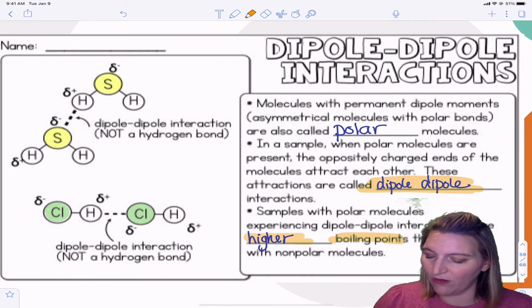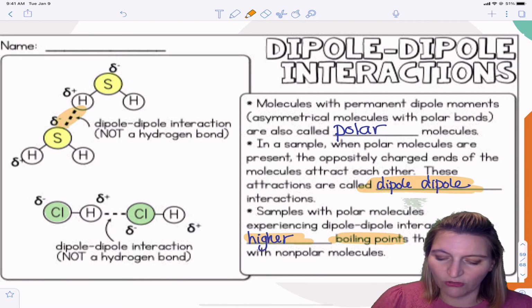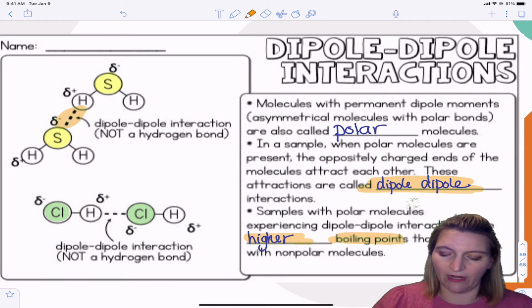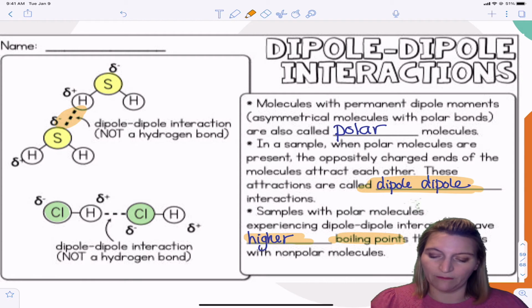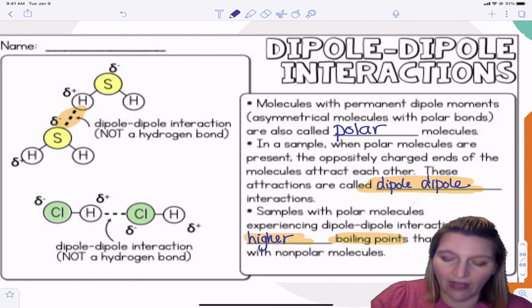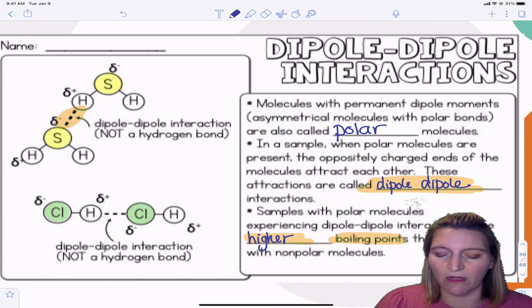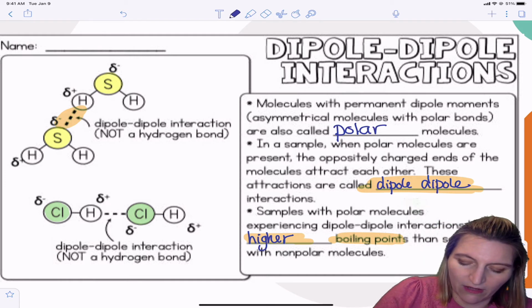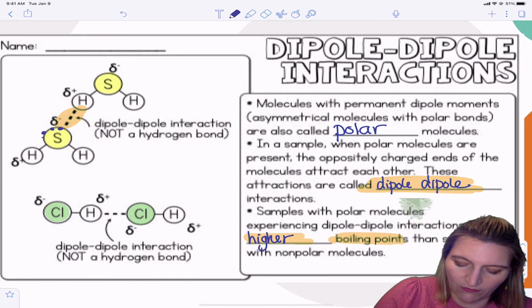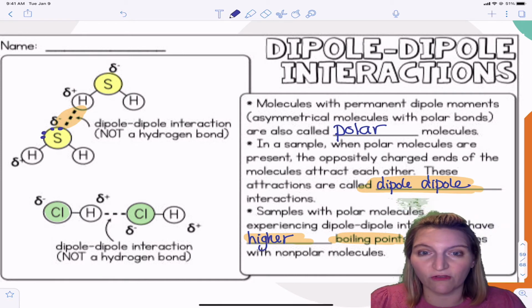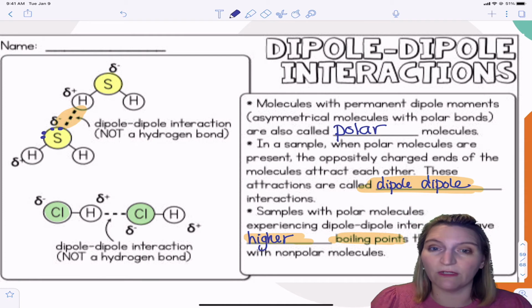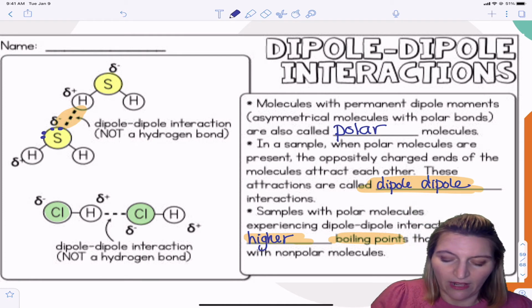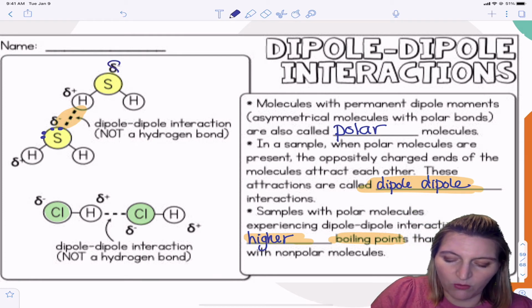They would have higher boiling points because of this attraction. This is looking at the attraction between hydrogen sulfide molecules. The negative end of this molecule is the sulfur end. It would have two lone pairs of electrons on it, and sulfur is more electronegative than hydrogen, and so the electrons kind of pool up here.